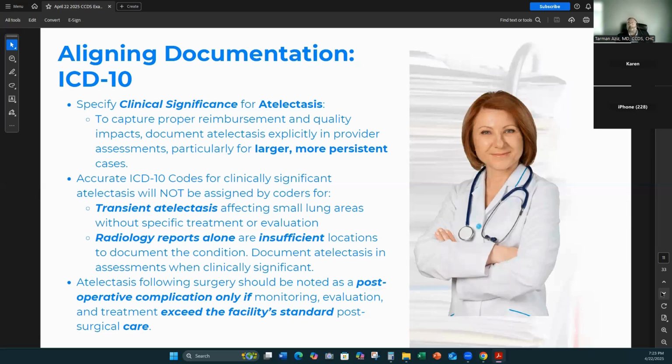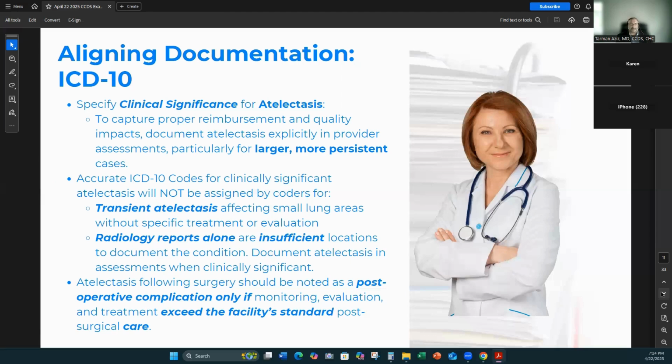And normally we don't bother to code it unless what? Unless it is clinically significant, meaning typically it's a more persistent or large area of atelectasis that requires a little bit more input from the treatment team than the standard of care, where you're simply just following a simple post-surgical protocol or maybe using an antibiotic to clean up an infection. And with that clearing of the infection comes resolution of the atelectasis.